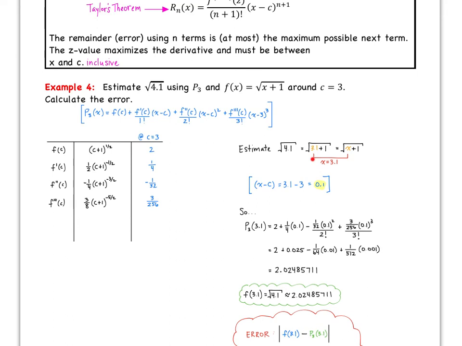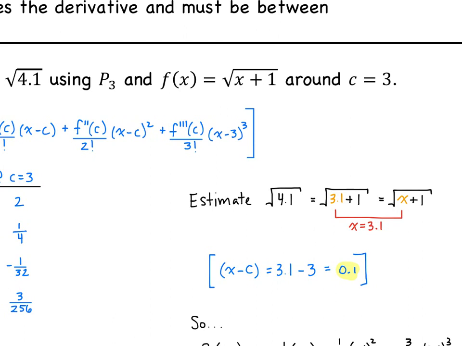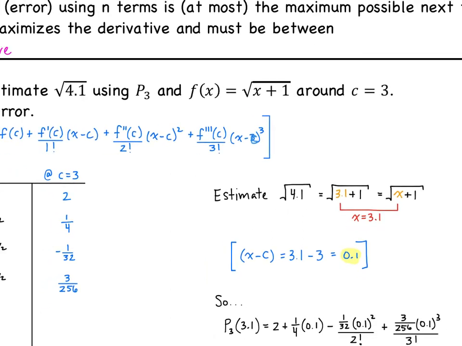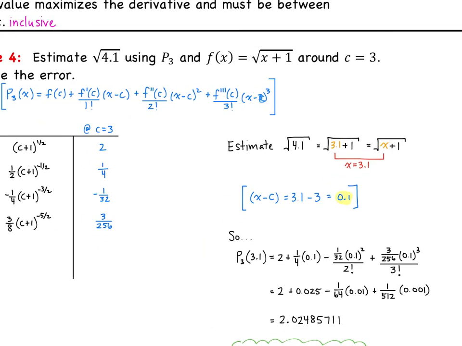When we take x minus c, that should be a c there in our polynomial, I apologize. So when we evaluate that polynomial, x minus c is really 3.1 minus 3, or simply 0.1. So instead of x minus c throughout, we're just going to substitute 0.1 in there.